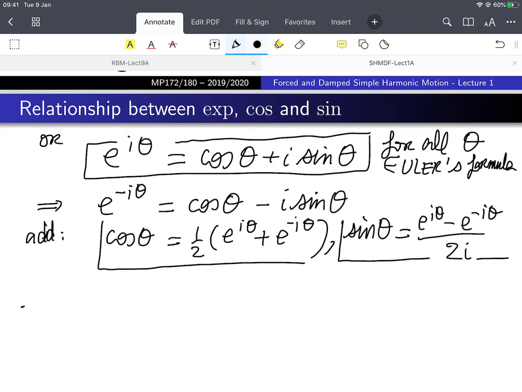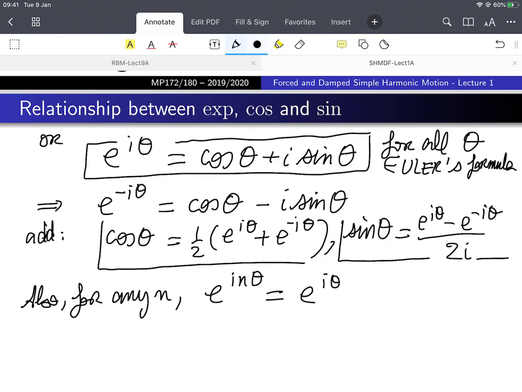Another thing you could do, for any n, instead of theta, you could write n theta. And then that's the same as this, right?